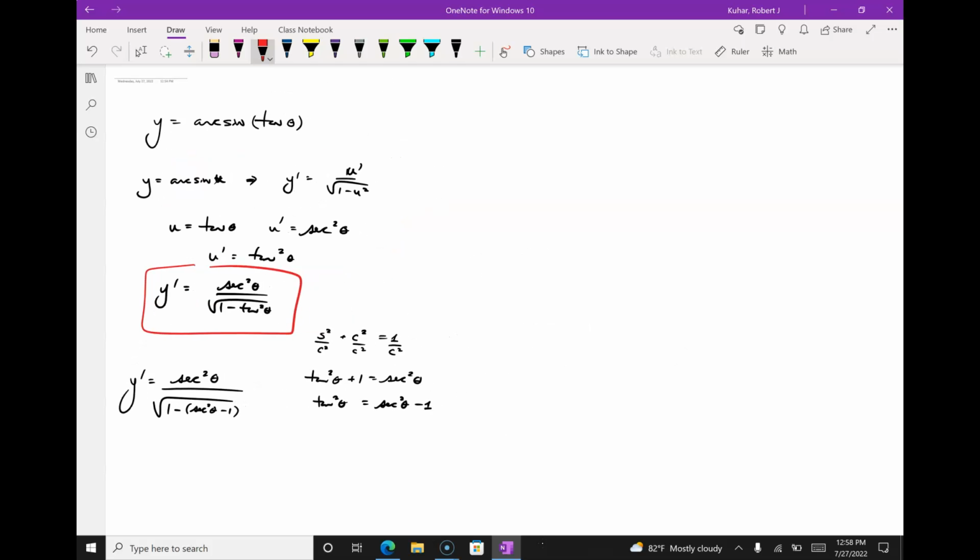Well, originally I could have said arcsine of tan of x. It doesn't matter if I use x or theta or what. I'm just pretending theta is the x variable.